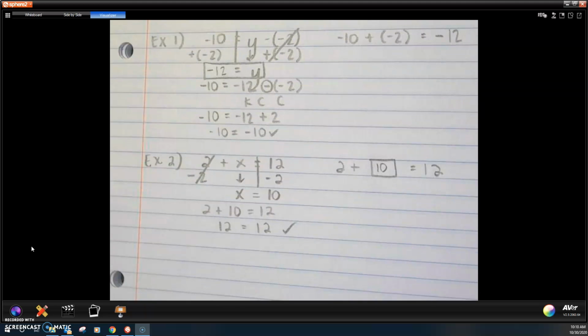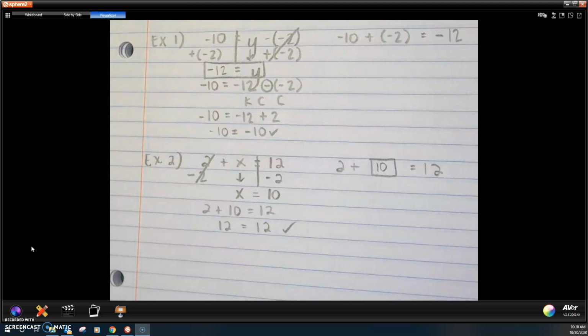So now what I want you to do is go into classwork. And let me see if I can pull it up to show you. Make sure you are following the instructions. Now, your assignment does give you the answers, but I'm going to trust you that you're going to actually try to solve these.